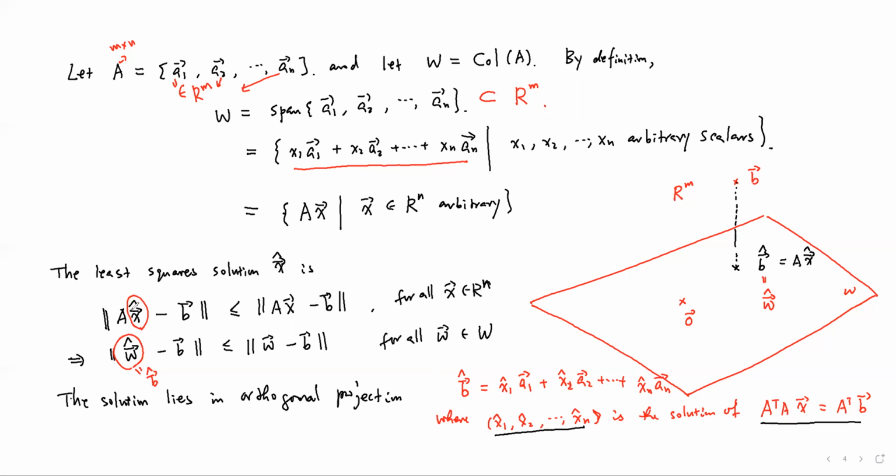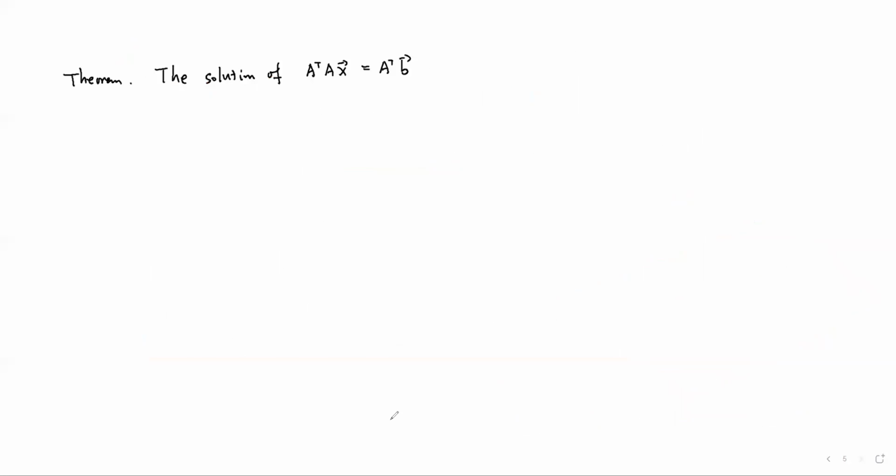So the distance from B to the projection should be the smallest. Yeah. So the solution of this equation actually is the least squares solution of the original linear system.